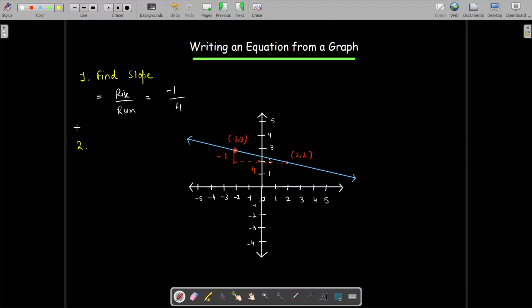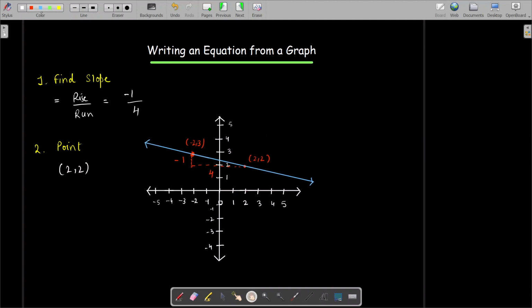Second step is you take any point on the line. So let's just use the point 2, 2. Let's say that we have picked this point, and now let's put everything in the equation. The equation of a line in point slope form is given by y minus y1 equals m times x minus x1.